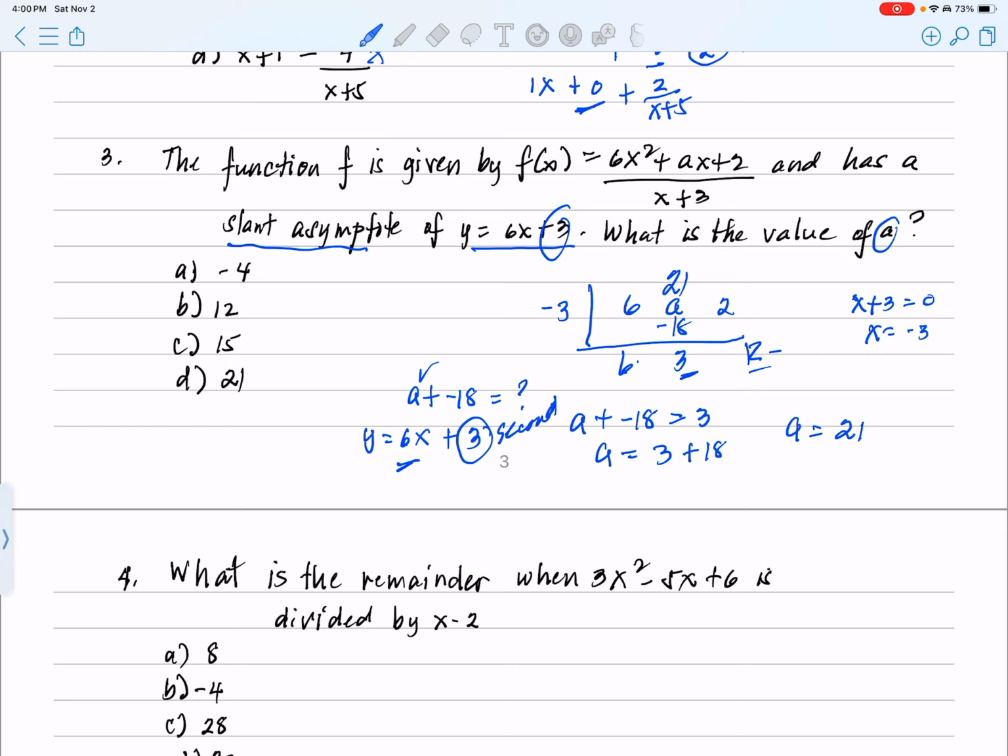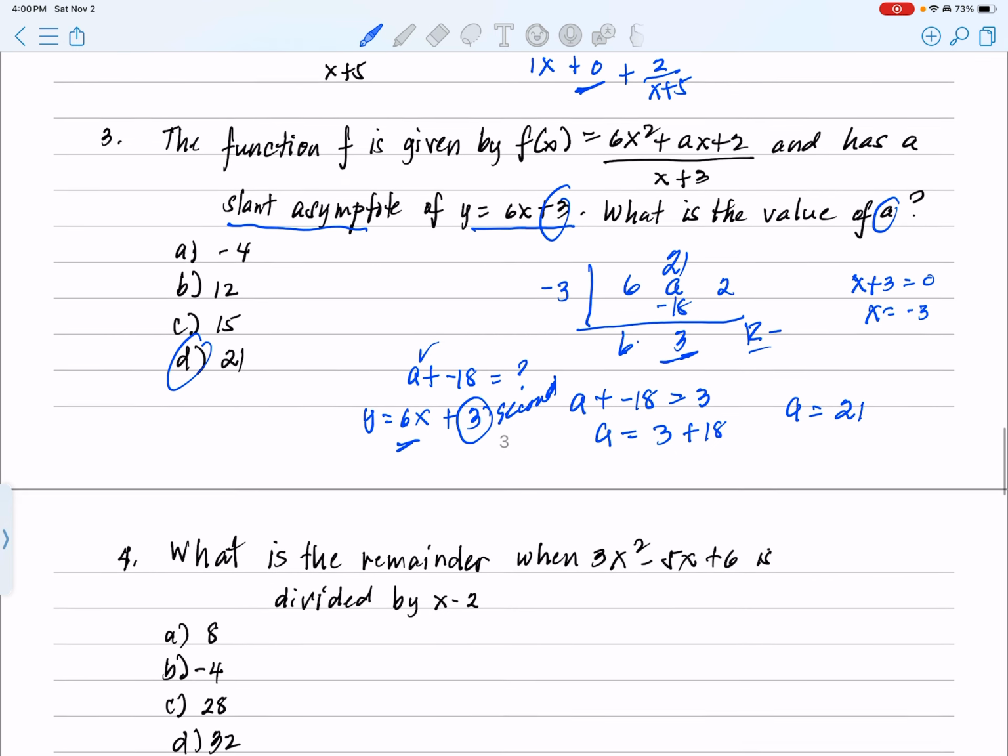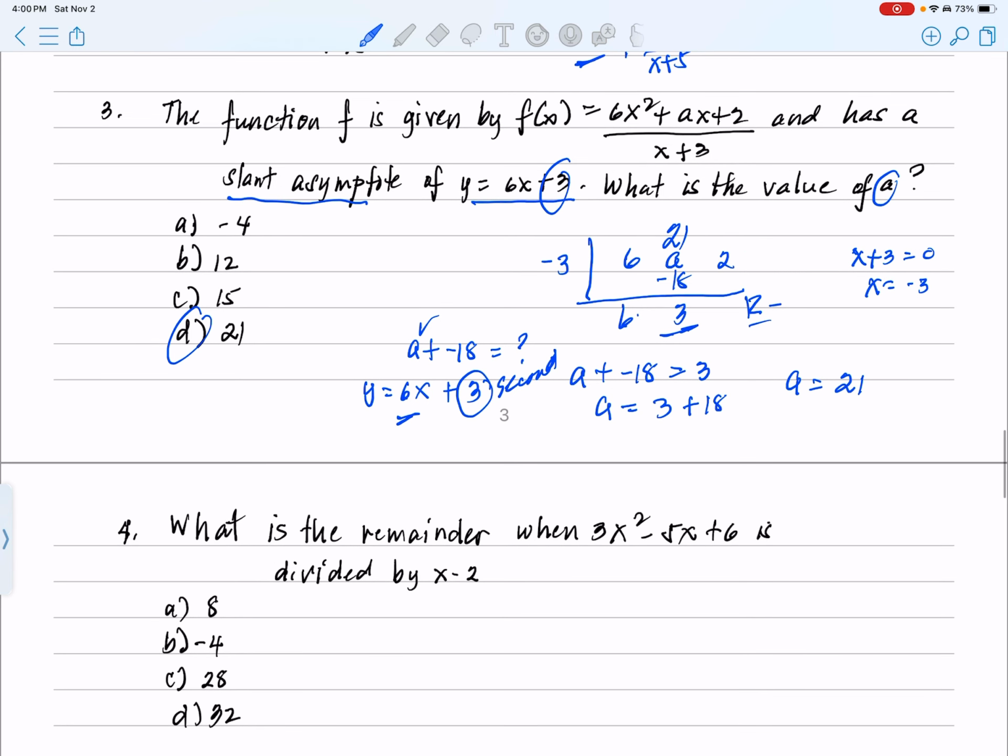So we are looking for the one that equates to the second term. This is something you have to think about when finding a missing variable.